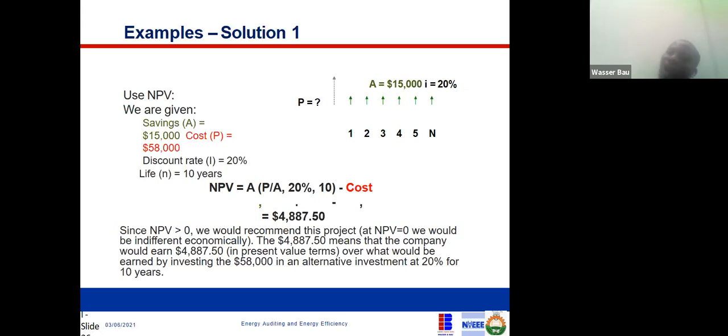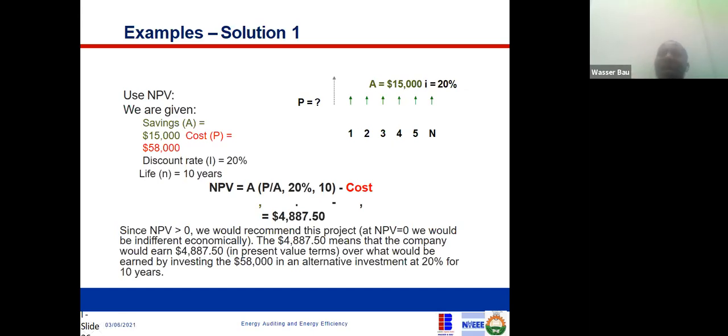So the initial cost of the investment is 58,000, but we don't know the aggregate present value of this income. It will be saving us 15,000 every year. But what is the equivalent of that 15,000 today?